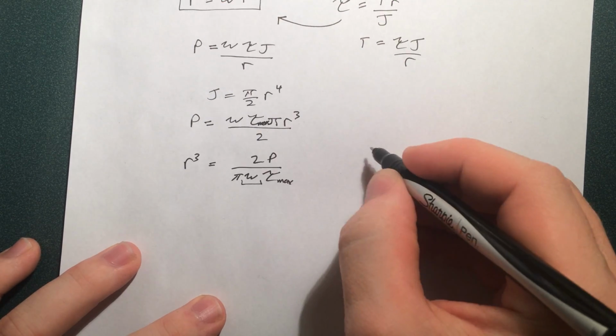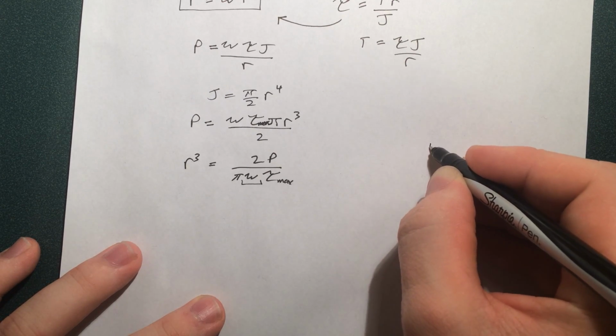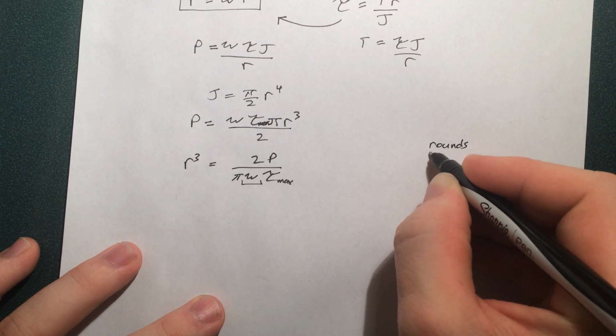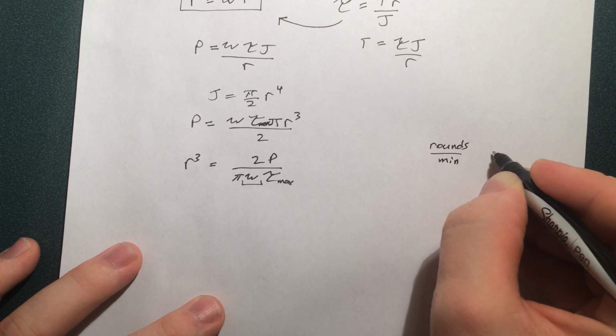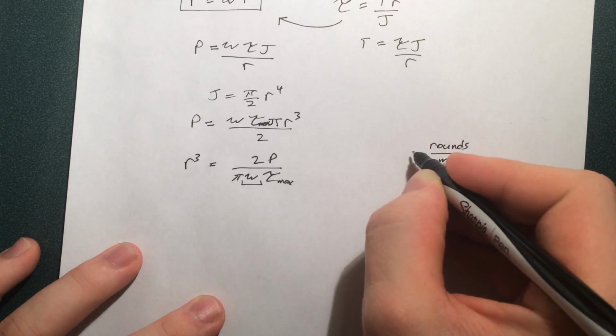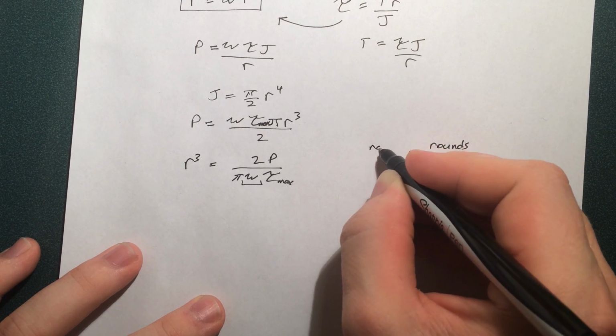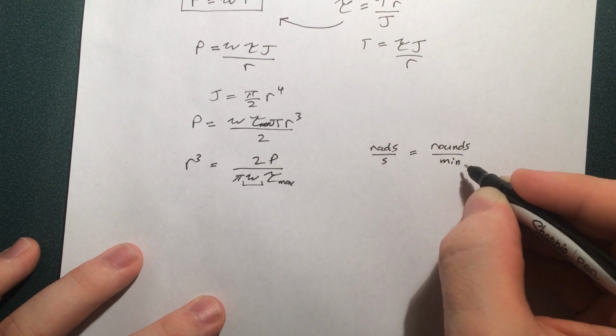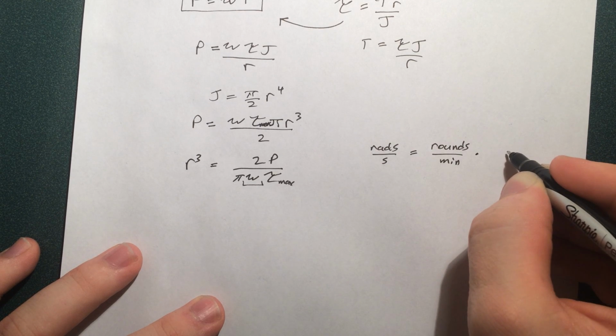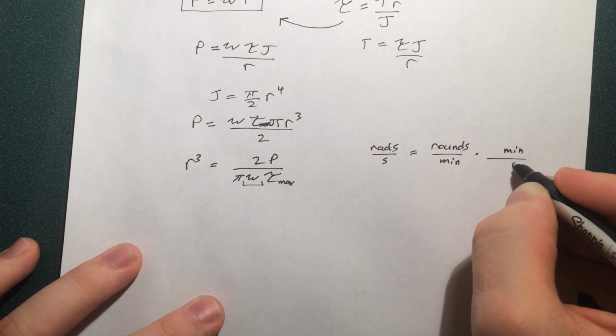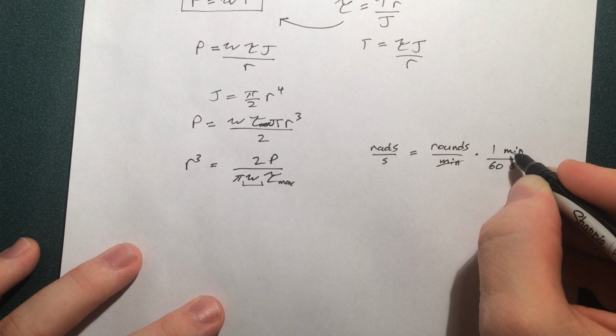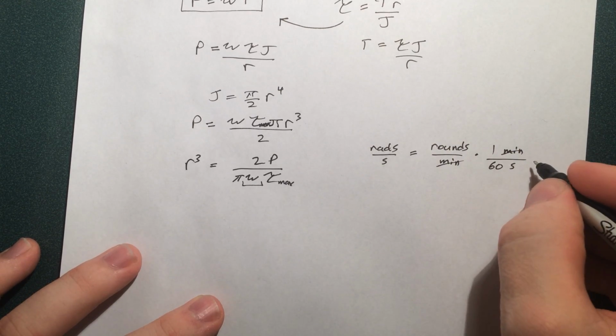So let's say RPMs, that's rounds per minute. We need to times this by a bunch of unit conversion factors to get to rads per second. So we're at minutes. Let's get that to seconds. Times by minute over second. There's 60 seconds in a minute. Got rounds per second.